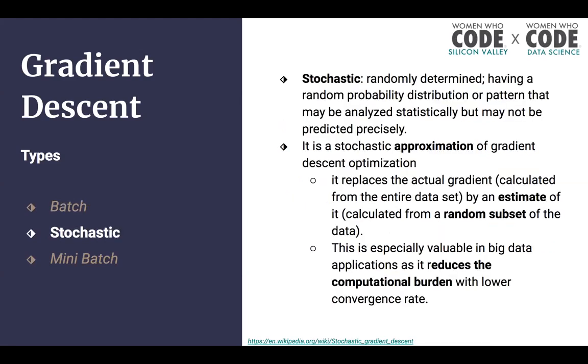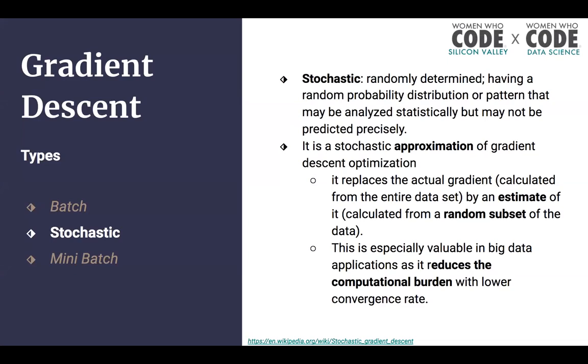The next one we're going to see is stochastic gradient descent, and this is a pretty popular one. Stochastic basically means randomly determined, or having a random probability distribution or pattern that may be analyzed statistically but may not be predicted precisely. So stochastic is basically a random data point from your data set, one data point. Stochastic gradient descent does an approximation of gradient descent.